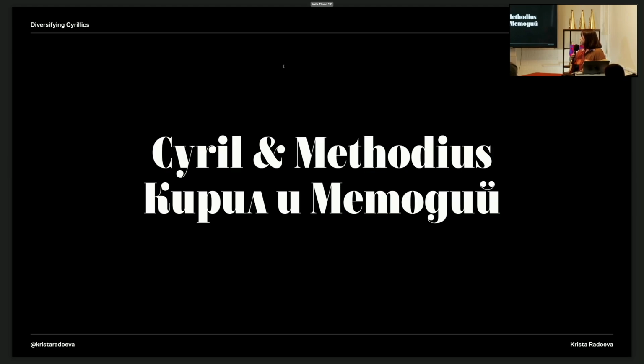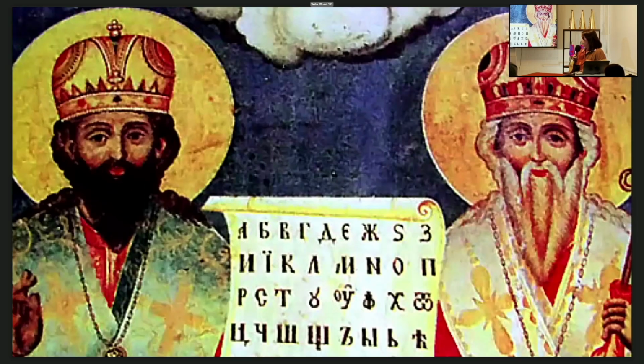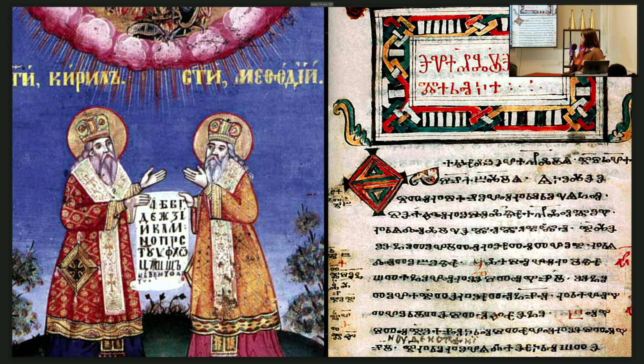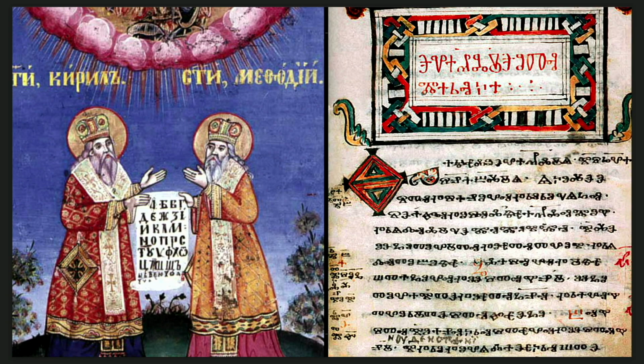But that's when it becomes really confusing, because Cyrillic is named after Cyril, but they actually invented the Glagolitic script. This is how the Glagolitic script looks. It's also extra confusing because they're always portrayed holding the Cyrillic script, but yeah.